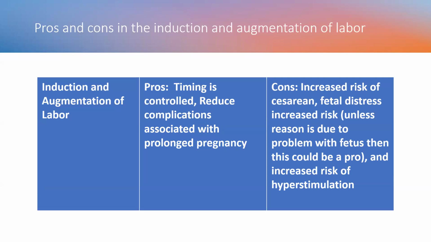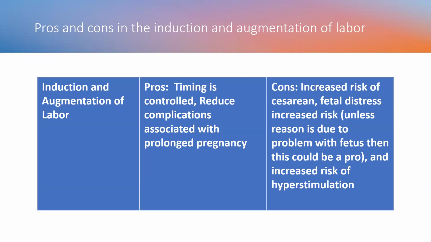Depending on the reason for induction and augmentation, some of this may change the pros and cons, but overall, when we think of pros, we think of reduced risk of complications associated with longer or prolonged pregnancies. And we also know for some families or situations, the timing can certainly matter, so this may need to be factored in as well.